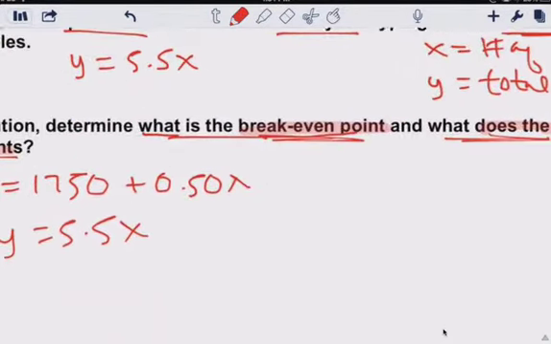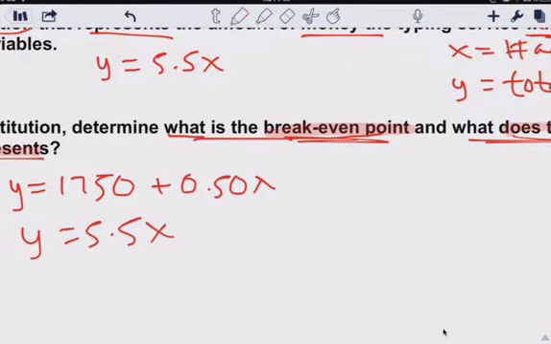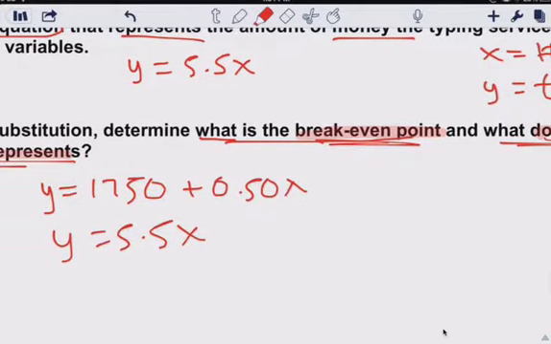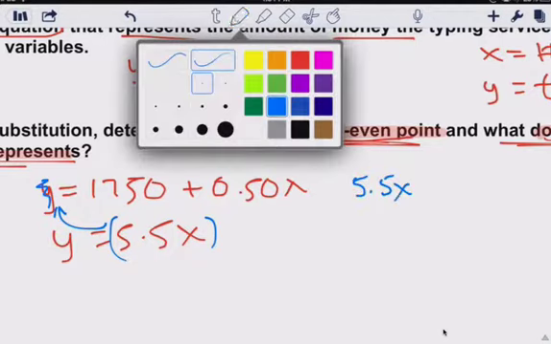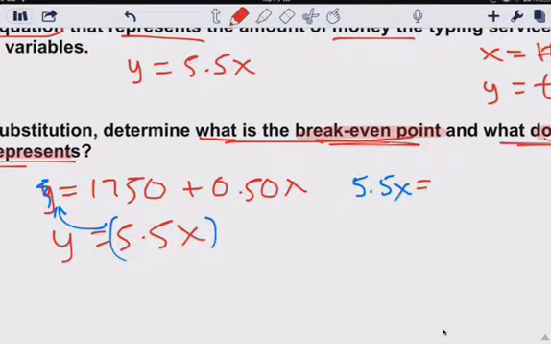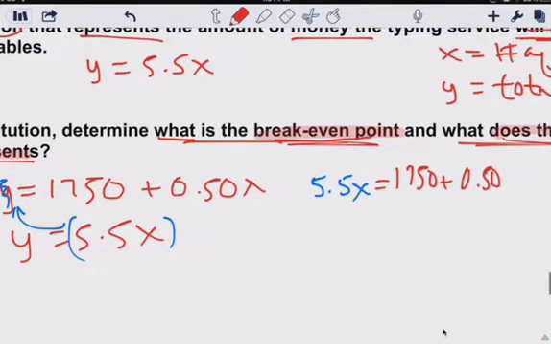Substitution. I'm going to take this here, get rid of that, substitute it in there. So 5.5x is going to equal 1750 plus 50 cents times each page.